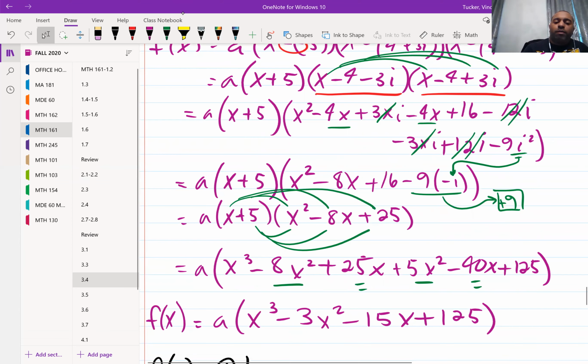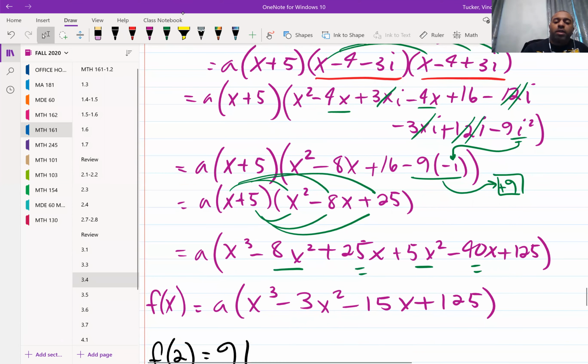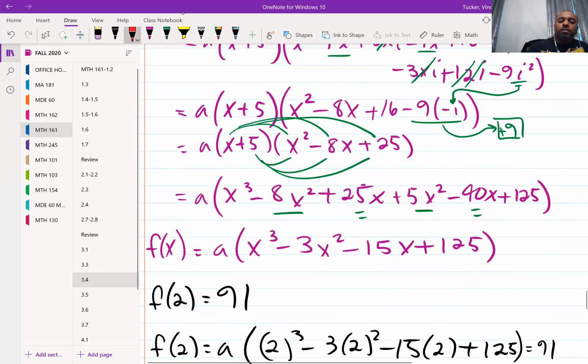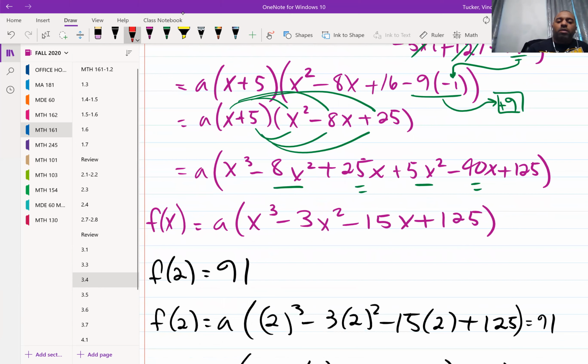All right, so we simplified our expression as much as possible with this right here. So now we need to figure out what happens when I plug in 2. That's 2 cubed minus 3 times 2 squared minus 15 times 2 plus 125.